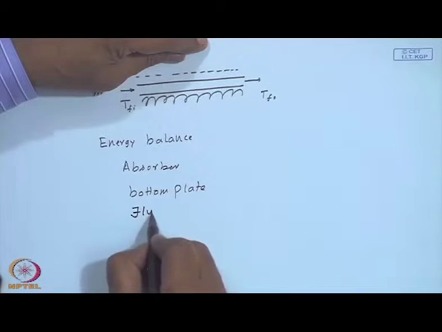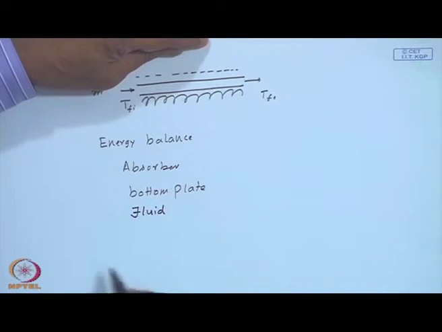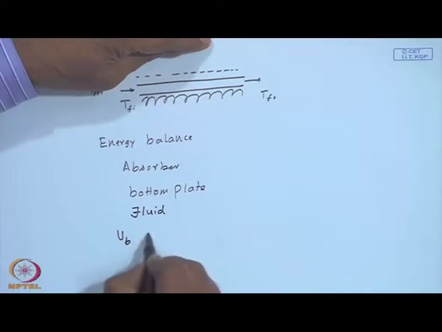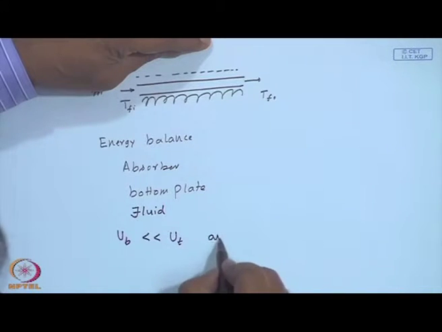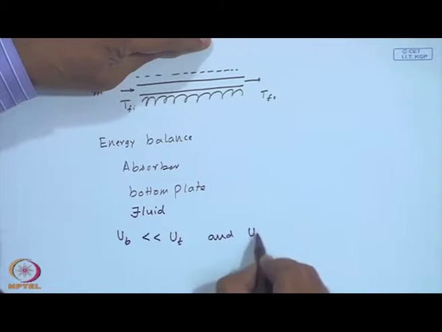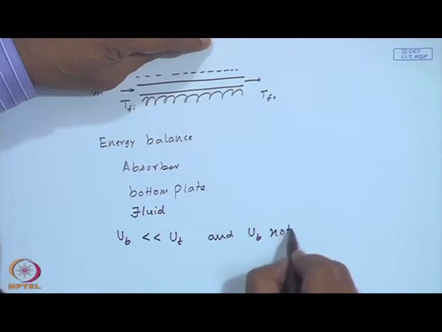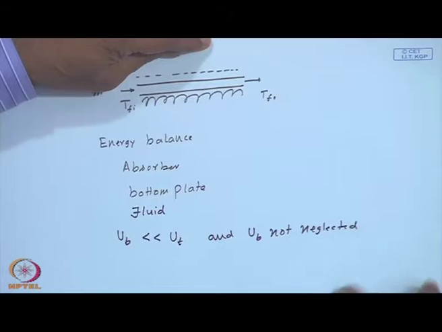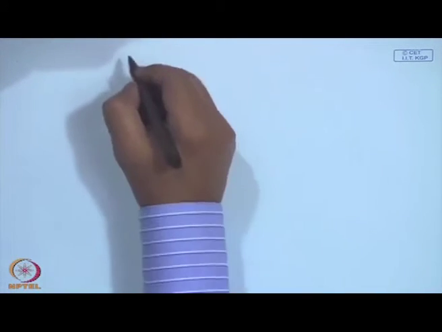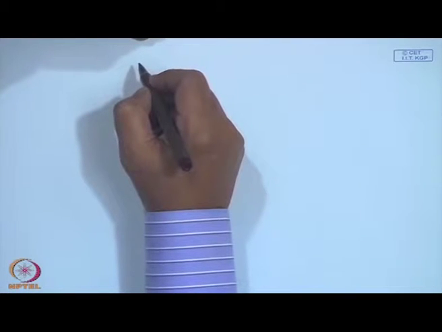So, two cases we considered: U b less than U t, and U b not neglected. We will get an overall loss coefficient, which is expressed in terms of U t and U b and other heat transfer coefficients.